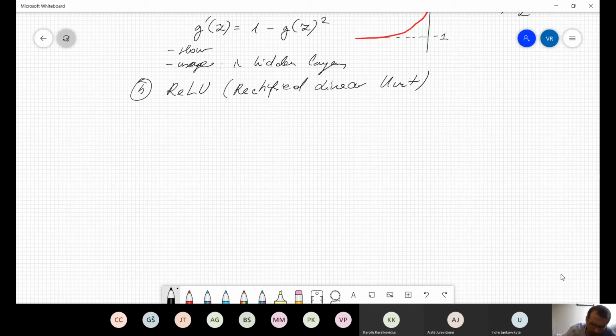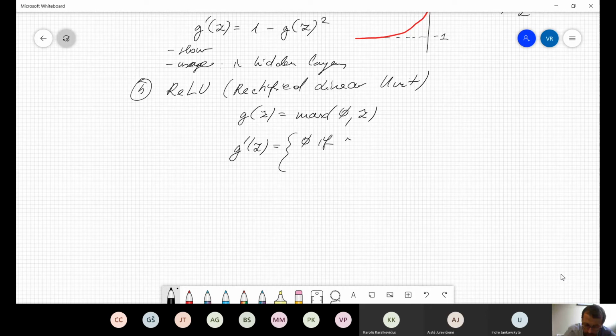It is a rather simple function: g(z) equals the maximum of 0 or z. It returns 0 on the negative side, and on the positive side it returns z. So the derivative of this is equal to 0 if z is less than 0, on negative sides, and 1 if z is greater than or equal to 0.